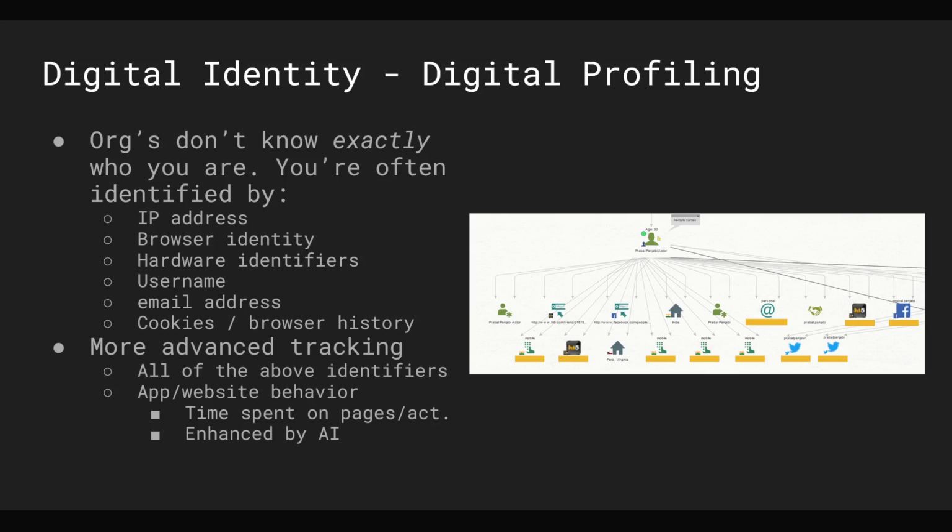Your browser identity. I don't know if you guys are familiar with this, but when you use a browser and you visit a web page, the server for that web page requests your browser fingerprint, and that's usually just a string that identifies the browser name and the browser version, and it can also grab some hardware identifiers.